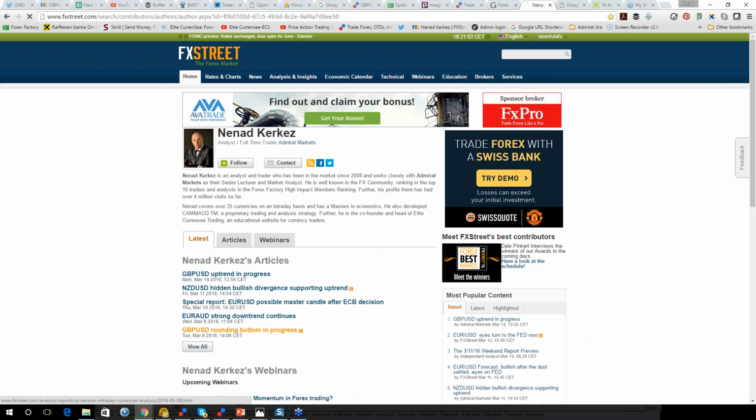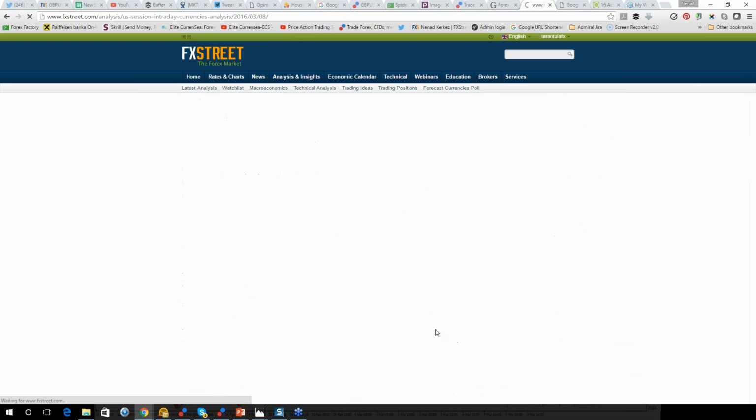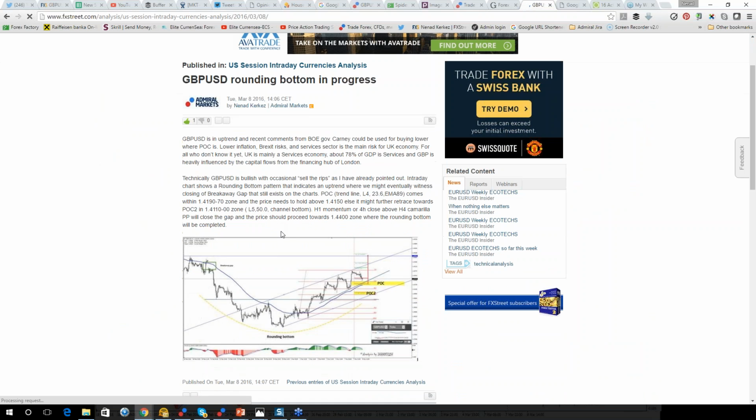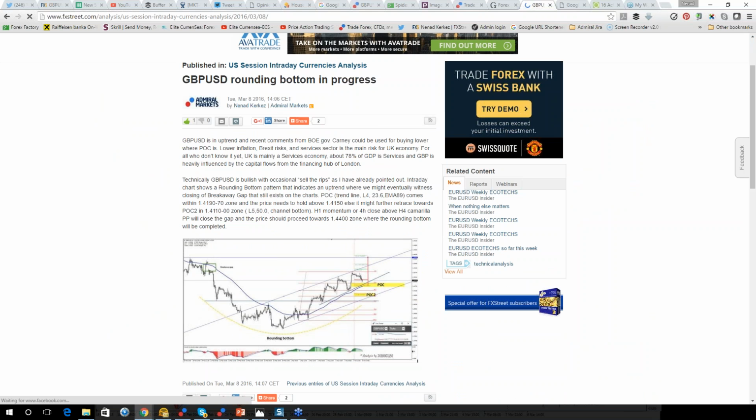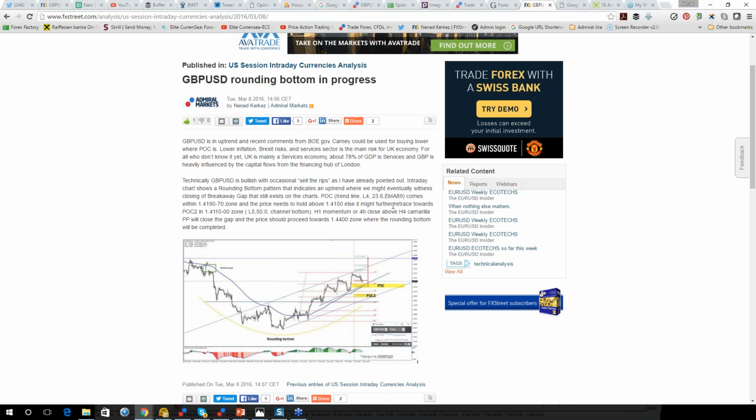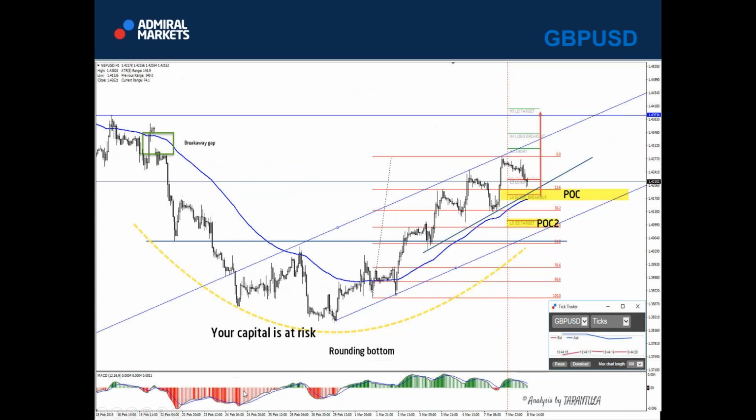It was pound dollar rounding bottom in progress, and here we had even 2 rejections from the 1.3190 and 1.3110 zone. Even if you traded both of these, it still would have been profitable.